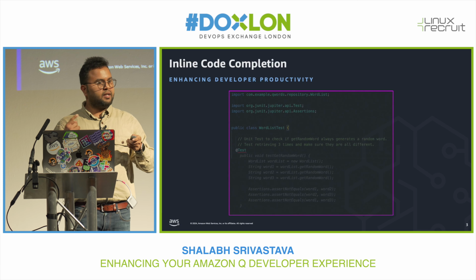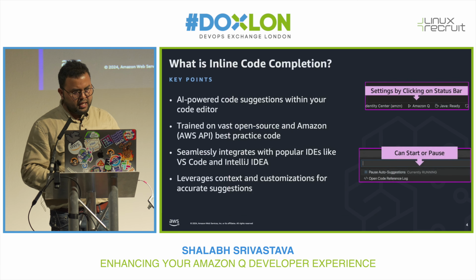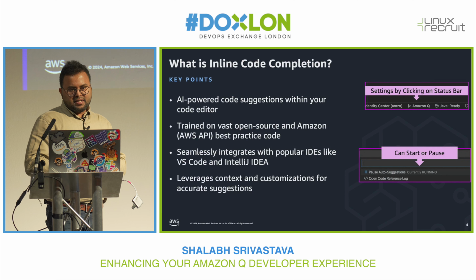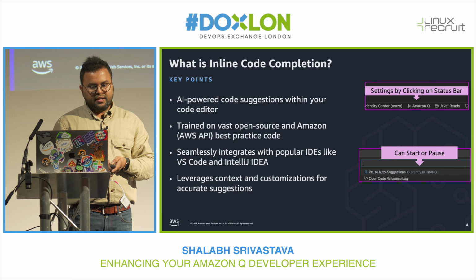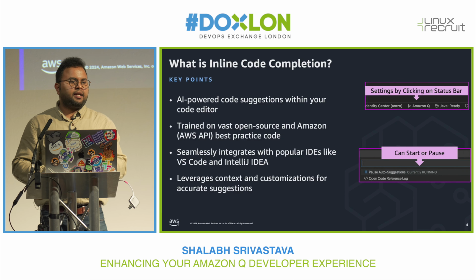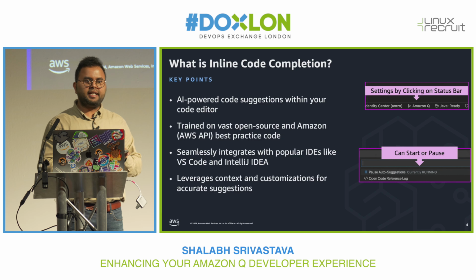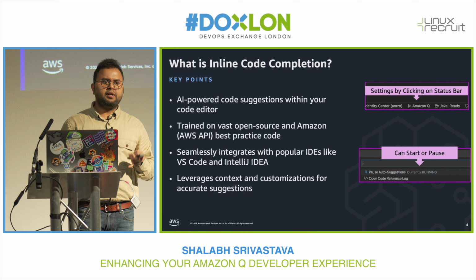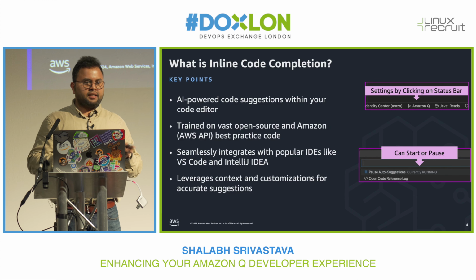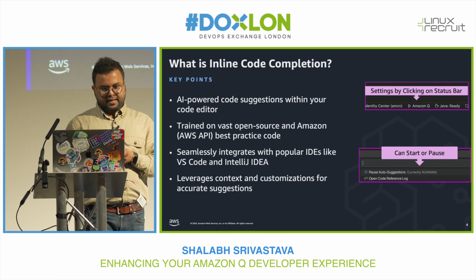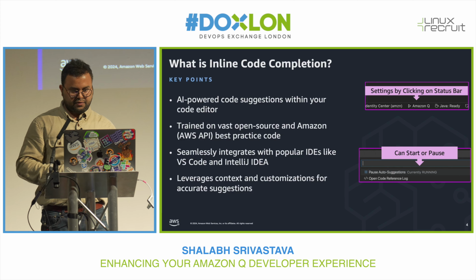So what exactly is Amazon Q code completion? AI-powered code suggestions, integrated with your IDEs. Right now it supports IDEs like Visual Studio Code and IntelliJ. It is also there in Lambda and other serverless technologies that we have.